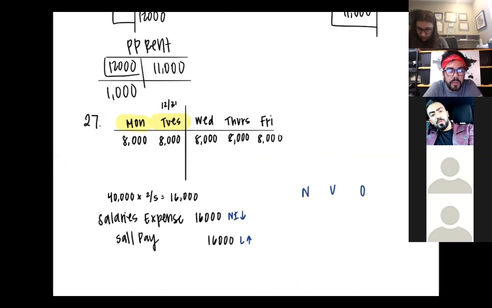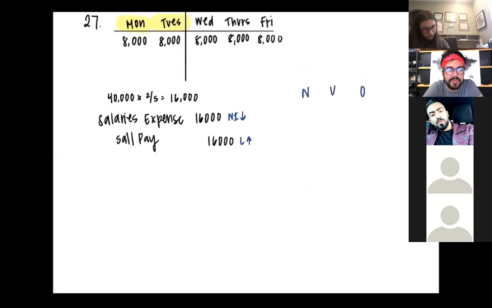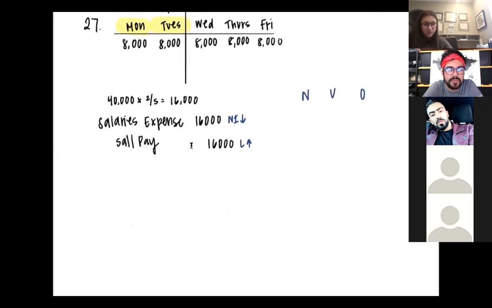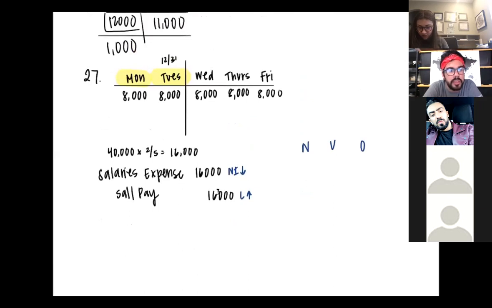Is everyone following so far? Yes. Okay. Moving on. Oh wait, it's the same one, right? 16,000. So salaries expense and salaries payable will be your adjusting journal entry. So salaries expense decreases your net income, and then salaries payable increases your liability.